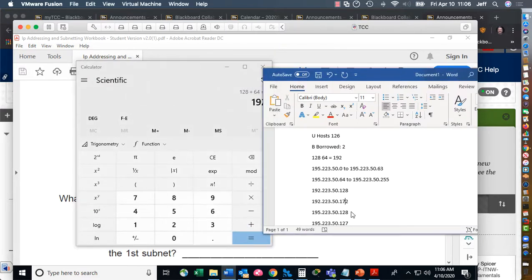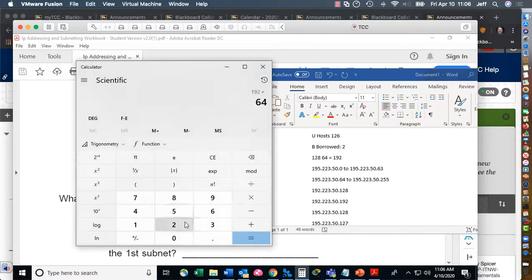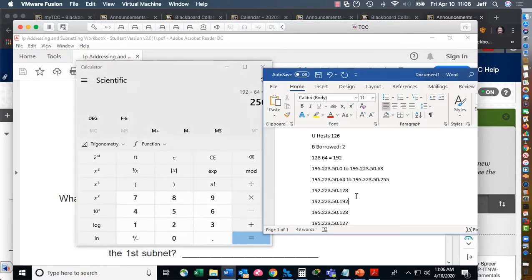I was going to say that didn't look right. 192 plus 64 would be 256, right? So the 4 networks would be 195, 50, 191. And then 195, 50, 223.